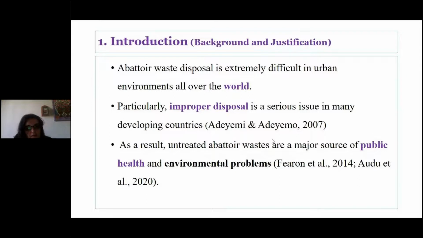Particularly in developing countries, improper disposal of abattoir waste is a really serious issue. As a result, untreated abattoir wastes are a major source of public health and environmental problems.